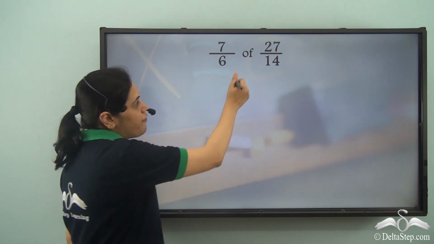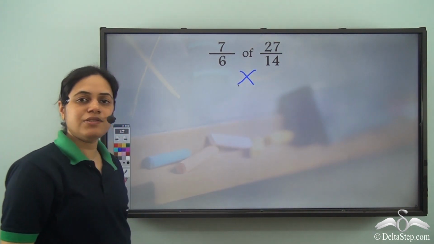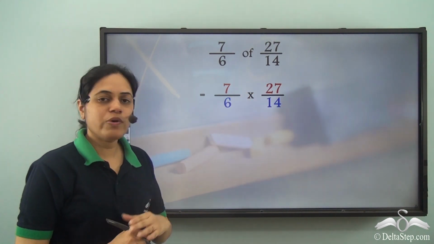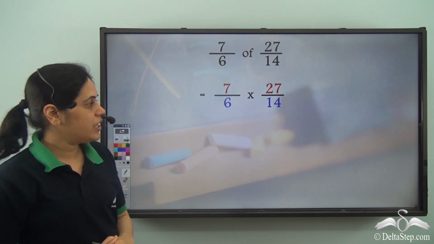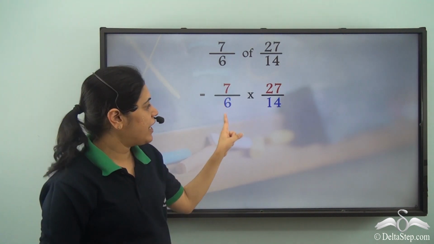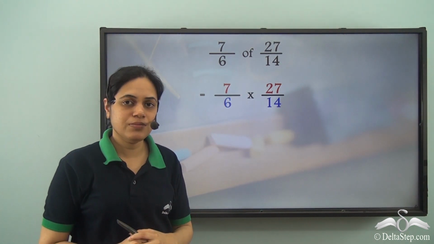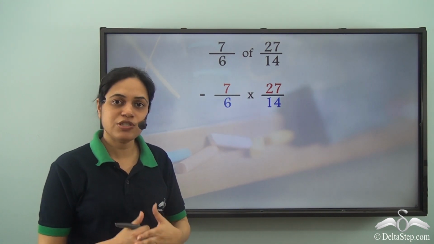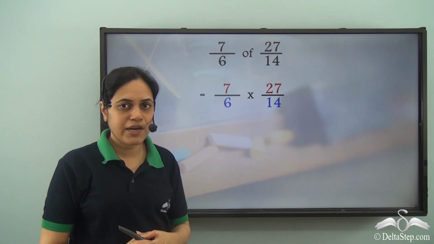Well, of can be written as multiplication. So this is 7 by 6 into 27 by 14. Now I need to multiply the numerator by the numerator and denominator by the denominator. But before that, if I can simplify the fractions further, I need to do that.